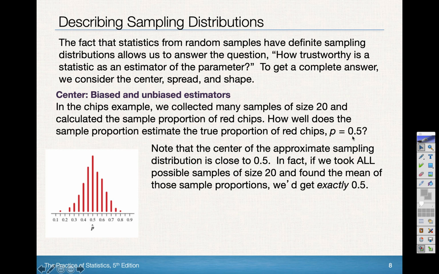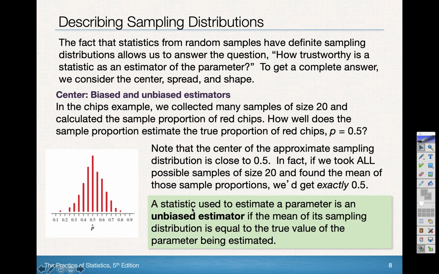We know that 50% of the marbles are actually red, and if I took many samples of size 20, the center of my sampling distribution is 0.5. If we did that an infinite amount of times, we would get the center is exactly 0.5.